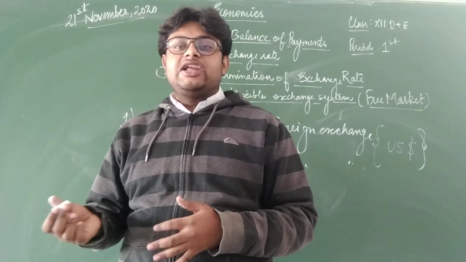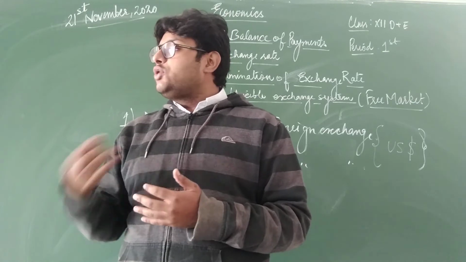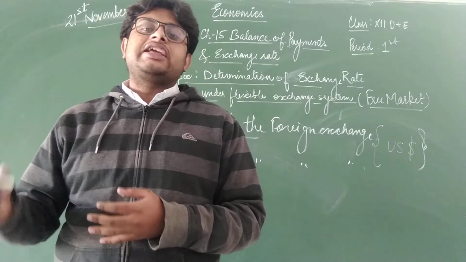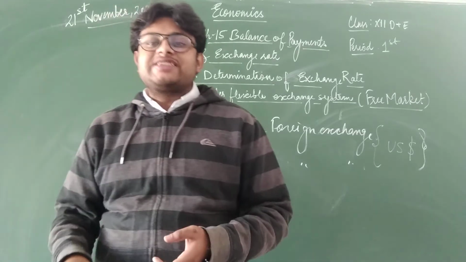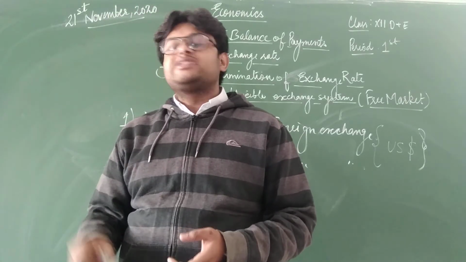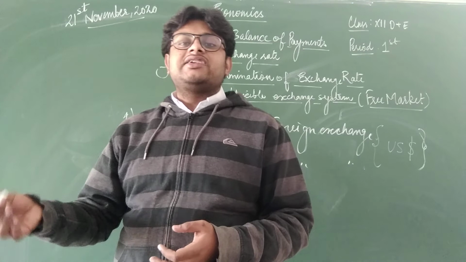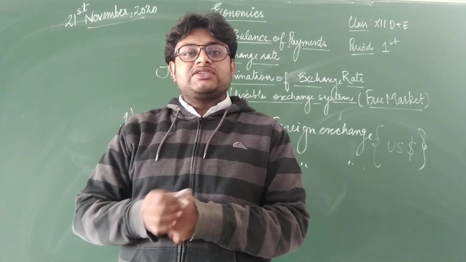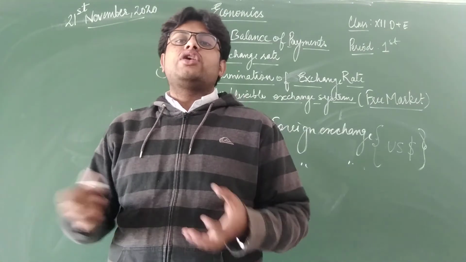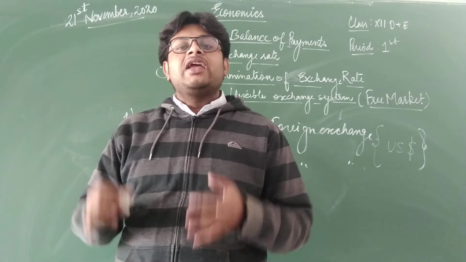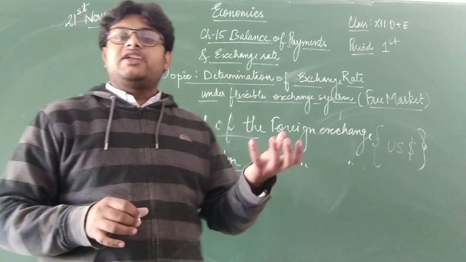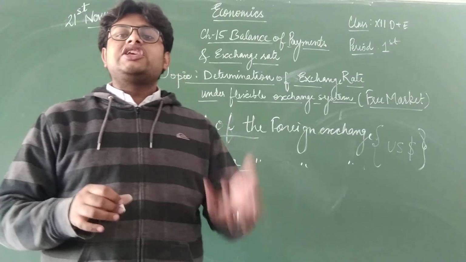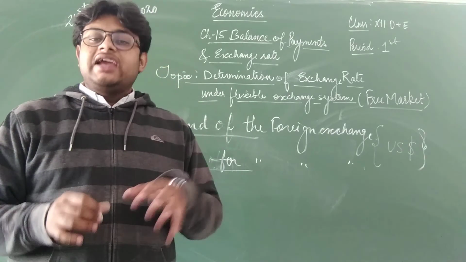For incurring expenditure, they will get it converted into Indian rupees and then spend in India. If any person is coming here for study or for any business purpose, if any American citizen is investing in Indian companies, or purchasing physical or financial assets in India, then the supply of foreign exchange will happen. That means the US dollars will be supplied in India.